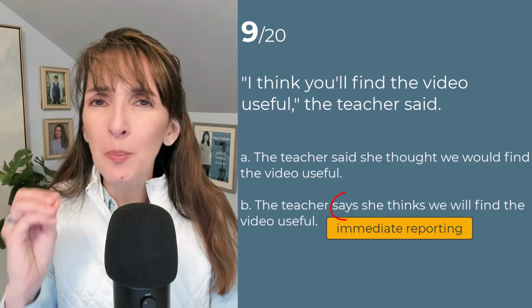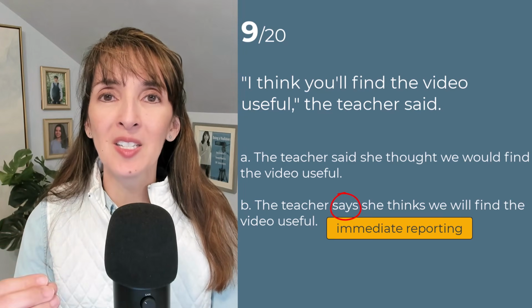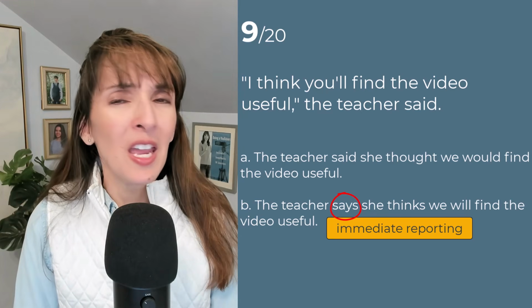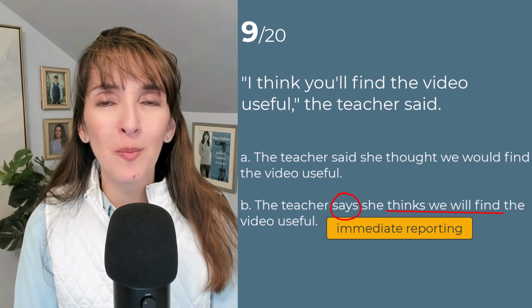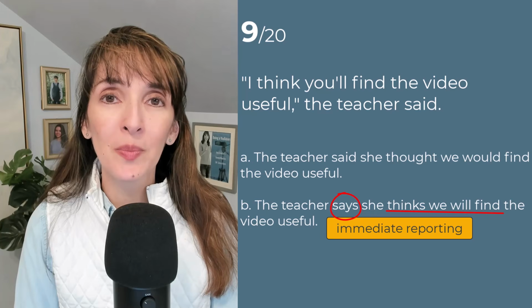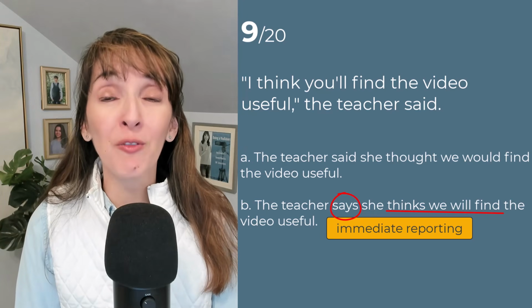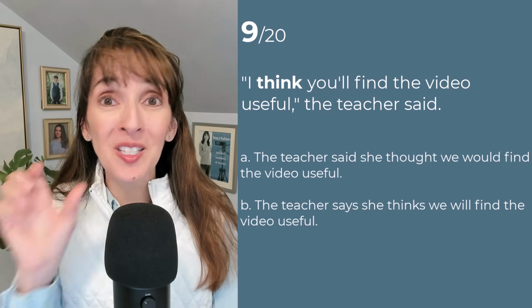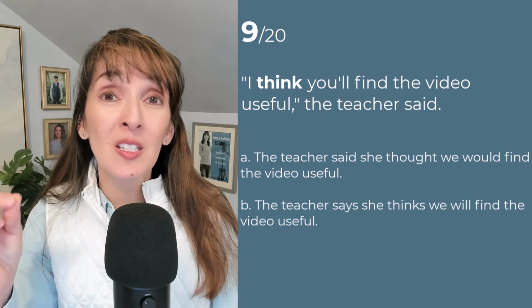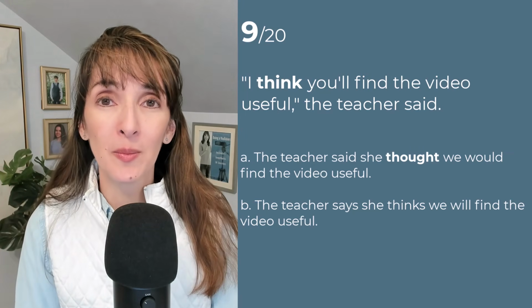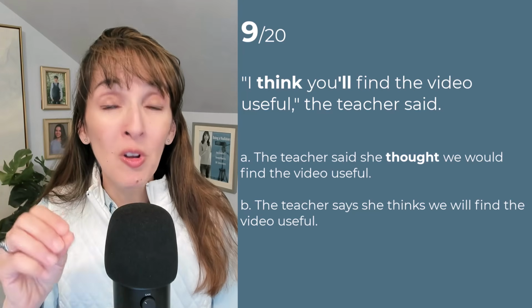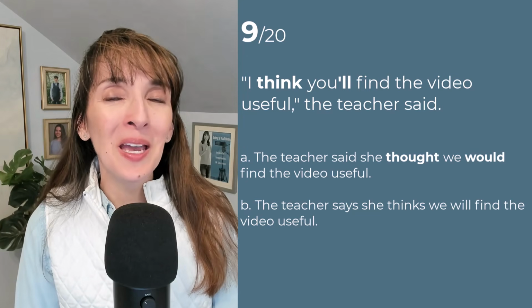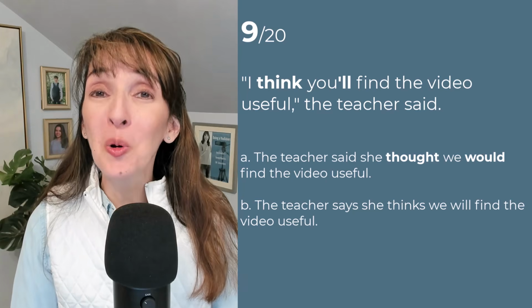Notice that if the reporting verb is in the present tense, it's likely immediate reporting. If that's the case, we don't have to backshift the verbs. We just change all the reference words. If we backshift, notice how the present think shifts to the simple past thought. The future will shifts to would. Let's look at other modal verbs and modal-like verbs.